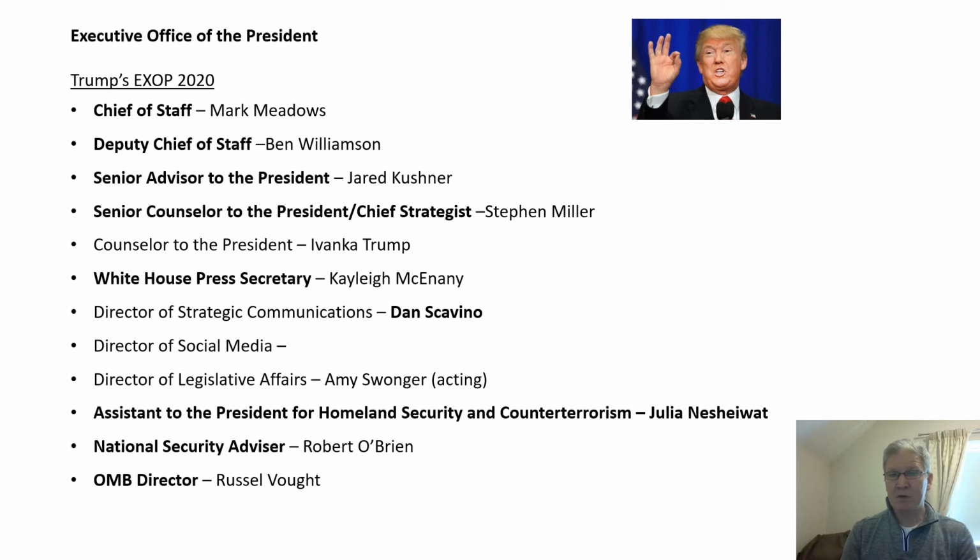These are appointments that are made without Senate ratification, so he can bring people in and out as he wishes, and generally a president will put people he trusts into these roles. As you can notice, Director of Social Media hasn't been filled, which is quite relevant considering there is no social media allowed for Trump at the moment.